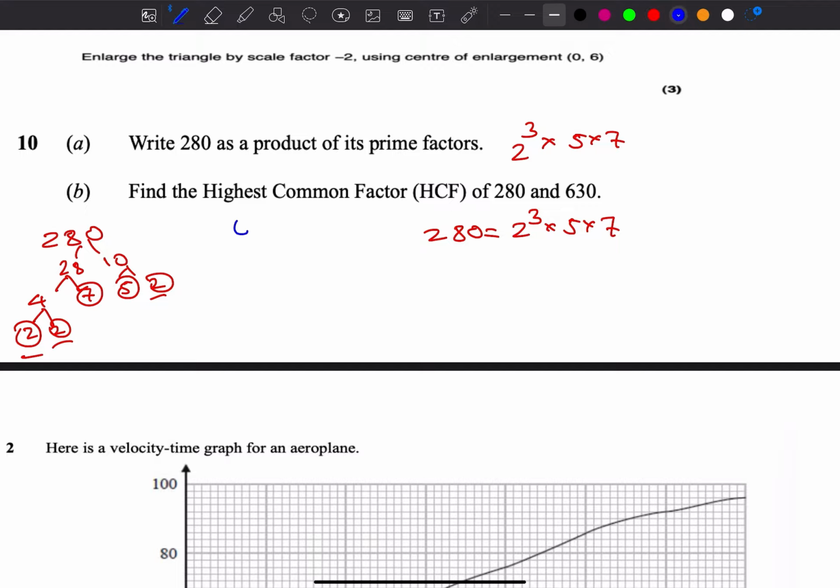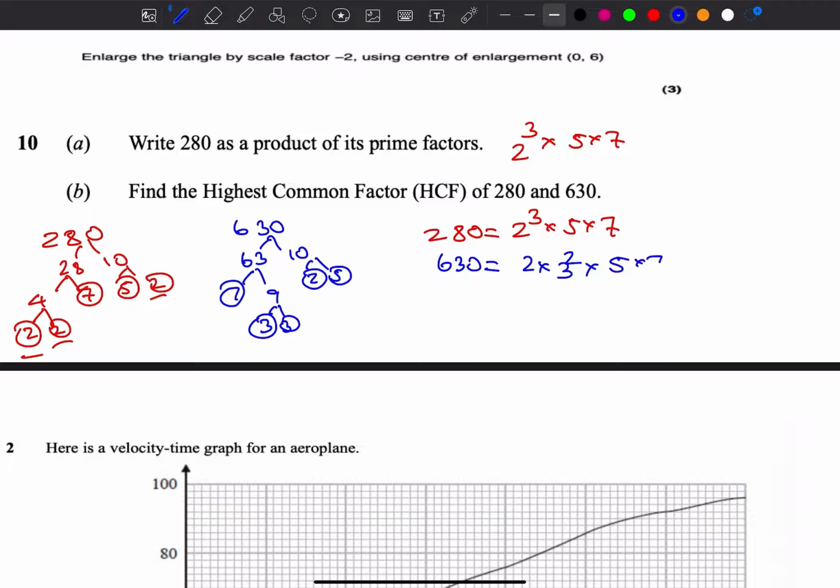630, you get it. It's 63 times 10. 10 is 2 and 5. 63 is 7 times 9. And 9 is 3 times 3. So 630 is 2 times 3 squared times 5 times 7.